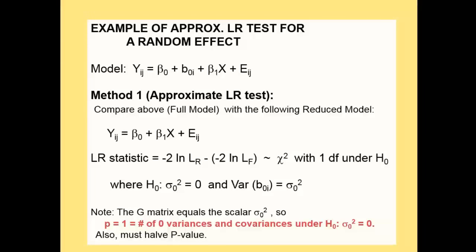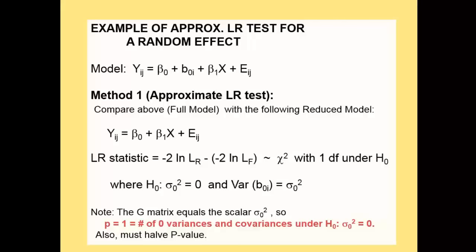Well, b0i is a random variable, and I'm assuming that it's normally distributed with a mean of 0 and a variance of sigma naught square. So I want to test whether sigma naught square is equal to 0, because sigma naught square is the variance of this. If sigma naught square is equal to 0, then I'm saying this random effect is not significant. That's how you test for it.